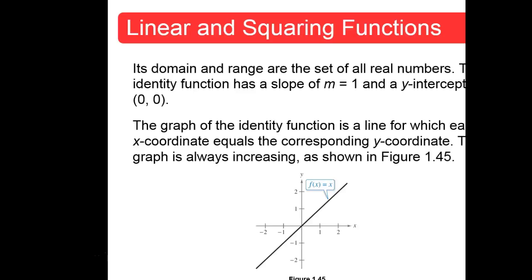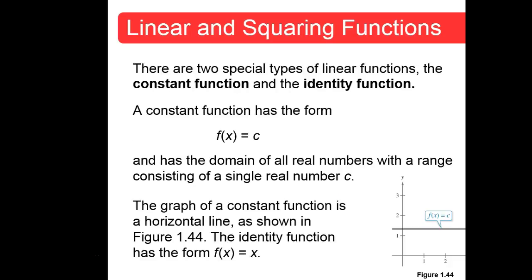X-intercept? Does it have one? 0, 0. Y-intercept? 0, 0. Okay, let's go back to your constant function. X-intercept? It's not an x-intercept unless, of course, c is 0, and then every number is an x-intercept.